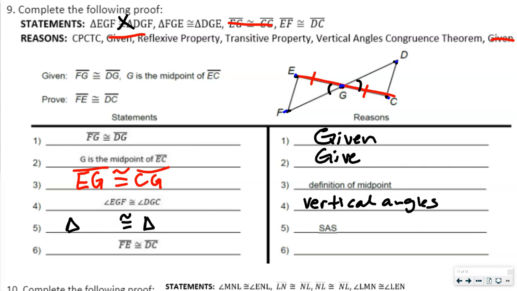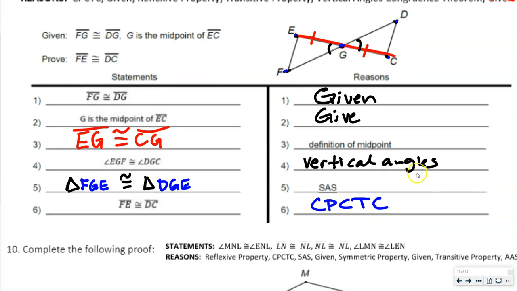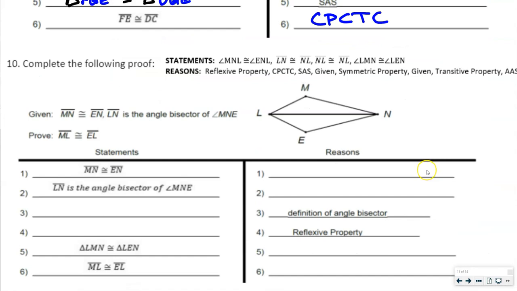So that is our statement, right? So this is going to be triangle FGE is congruent to triangle DGC. And then our last statement is we got triangles are congruent and we're trying to prove parts are congruent, right? So this is CPCTC. That's what CPCTC tells us, right? Is that parts are congruent because the triangles are congruent.